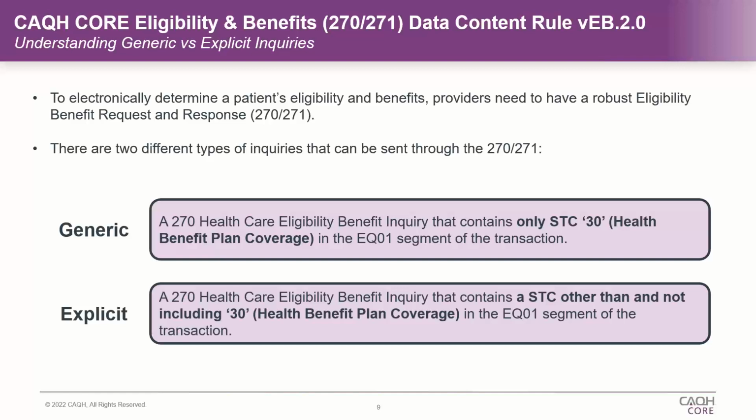Then you have the office visit, 98, and you have the vision, the urgent care, the mental health. Those responses are explicit responses that are required to be returned when you have a generic inquiry.